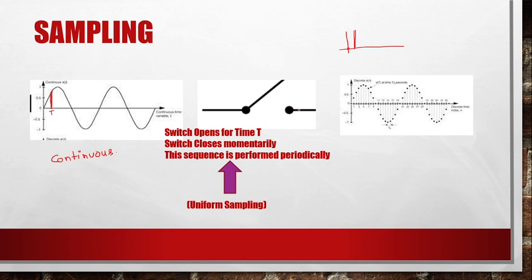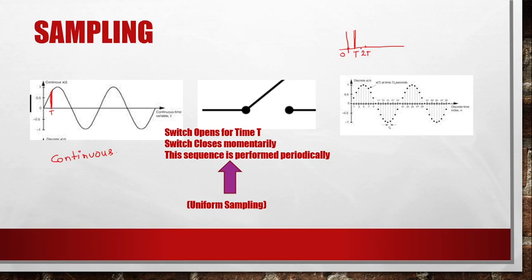Then again I am opening the switch, and I am remaining with the switch open for another t seconds. So for another t seconds, no signal is coming on the other side. That is the second t, that is 2t with respect to 0. So this is t, this is t.